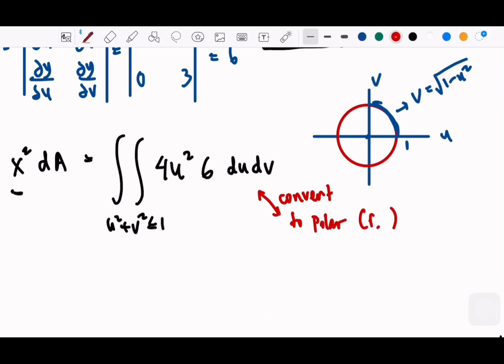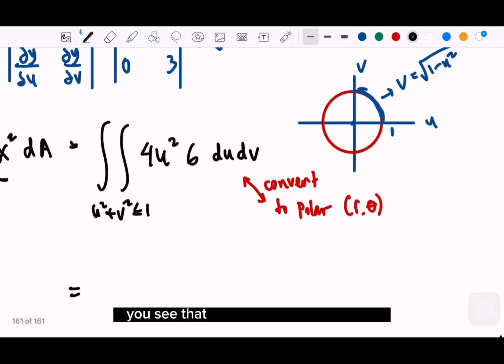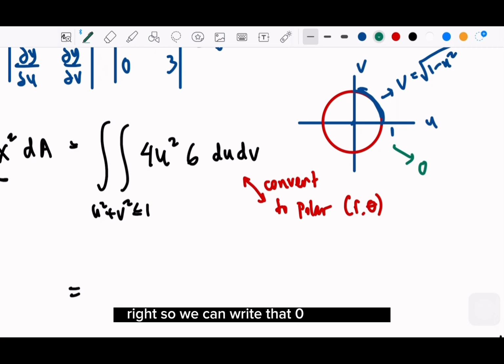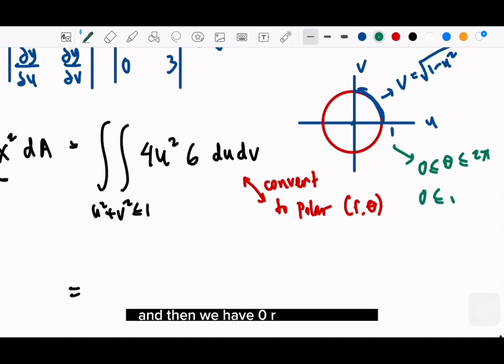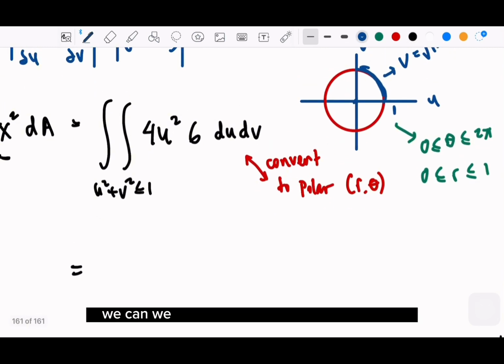Okay. So we see that the circle is a whole circle, the full circle, so 0 to 2 pi, right? So we can write that theta goes from 0 to 2 pi, and then r goes from 0 to 1. So just this, right? Okay, and then we can rewrite u as r cosine theta, and v as r sine theta.